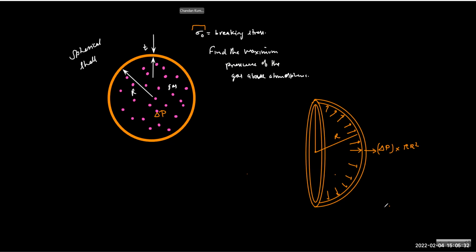Now, if the gas is trying to push the half sphere towards the right, who is stopping it? Who is preventing the half sphere? It is opposed by the material itself.